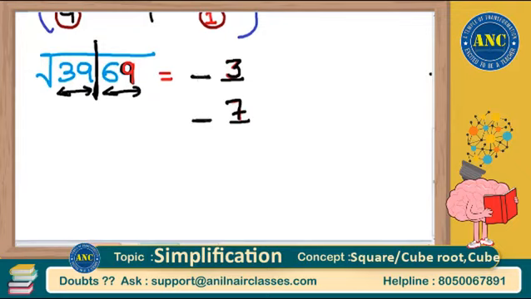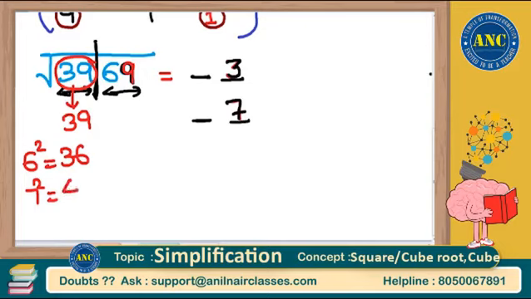Listen carefully. To find the tens place in the answer, I will come to the second part of my split. 39 is the value. 39 lies between which 2 perfect squares? 6 square is 36, 7 square is 49. 39 lies between 36 and 49, which is nothing but 6 square and 7 square.